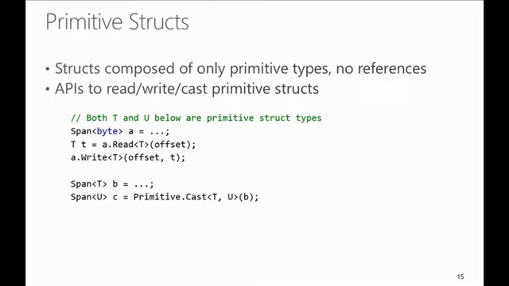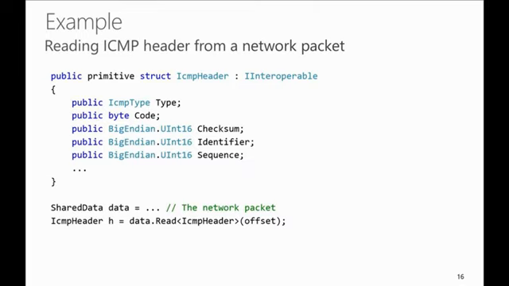Question: What goes on when you say data.read or data.write for shared data? How does it find the segment where that offset is, and what runtime checks does it have to do? Go back here. If you have a span, which is always contiguous, when you read and write, there's no problem. Here, we do have a convenience wrapper on shared data that reads.